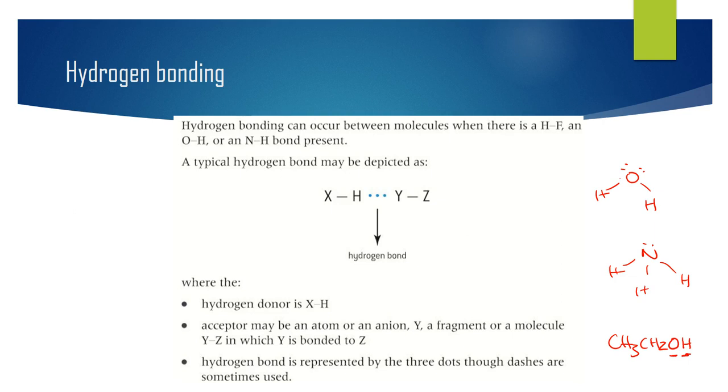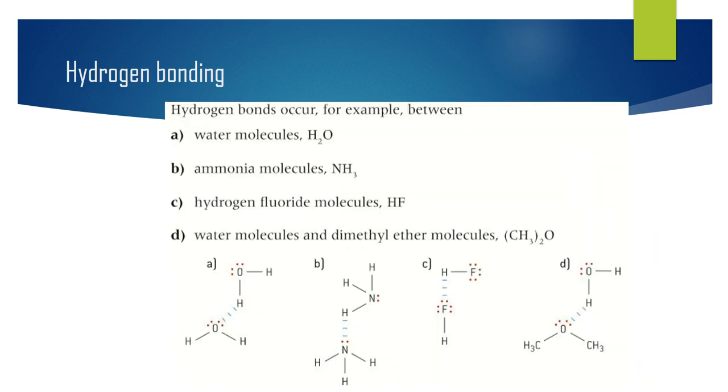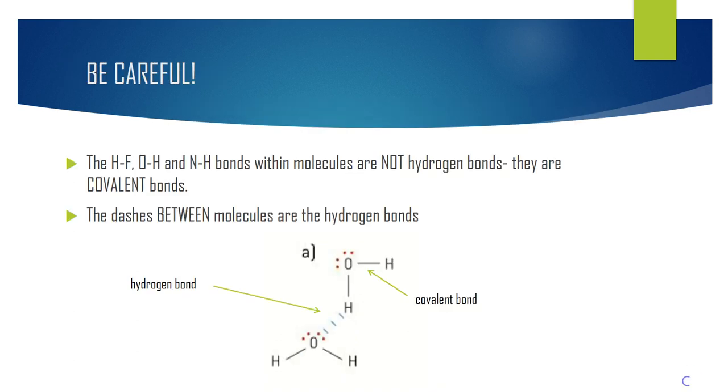We call the hydrogen the donor, and then the acceptor can be a lone pair or electronegative element. Again, we represent it with dotted lines, not solid lines. So we can have hydrogen bonds that occur between water, ammonia, hydrogen fluoride, or anything else.